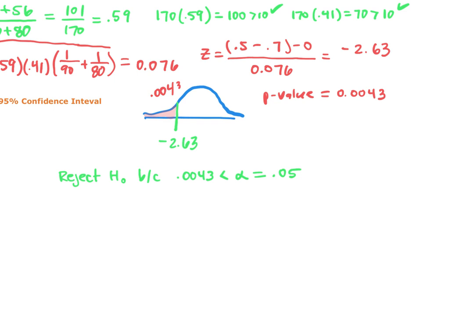What that means is the proportion of basketball players that can complete a pull-up is significantly higher than the proportion of cross-country runners that can complete a pull-up. So we would say that this has significant results.